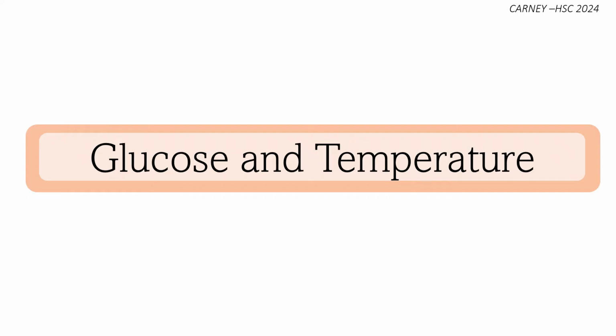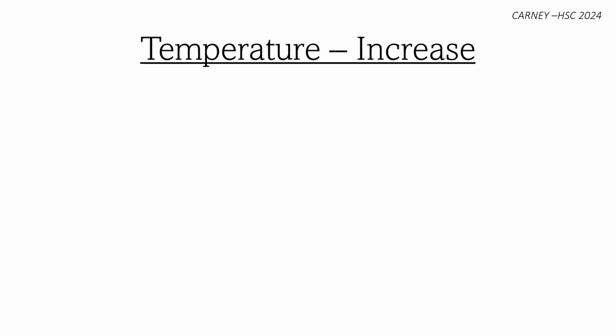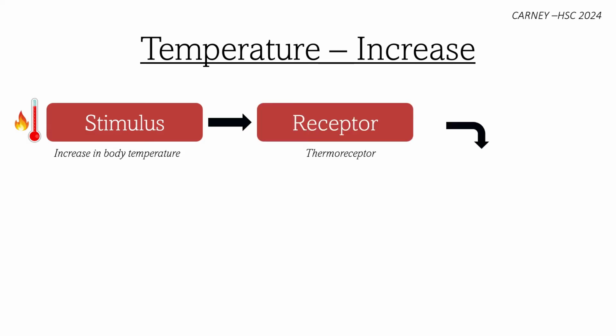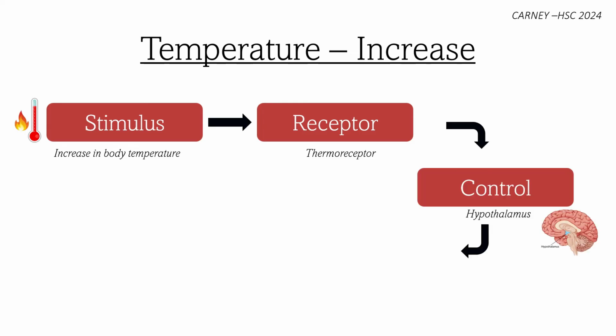Glucose and temperature negative feedback loops. On a really hot summer day, our body temperature is going to increase past its set point. This increase is detected by thermoreceptors on the surface of our skin. These thermoreceptors will transmit the signal to the brain, specifically the hypothalamus, where it will send a message to the effectors.